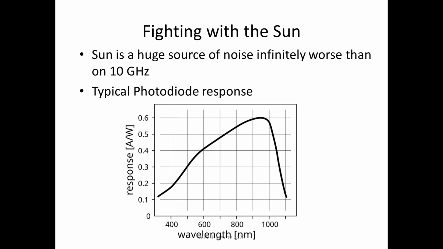But here is the response of a typical photodiode. And they vary slightly, right? Some have a little more enhancement here, some go up a little higher, but we're operating at 940 right here at the knee. So why am I showing you this? Because at 940 nanometers, that's your interest right here.